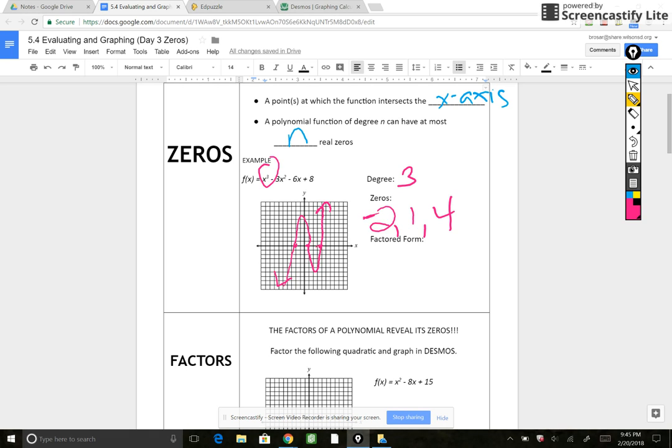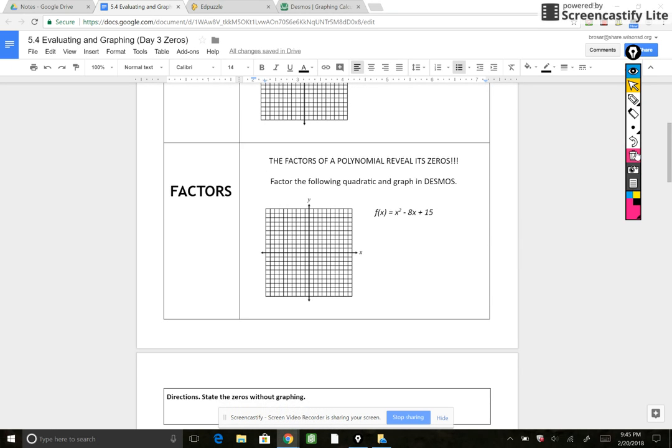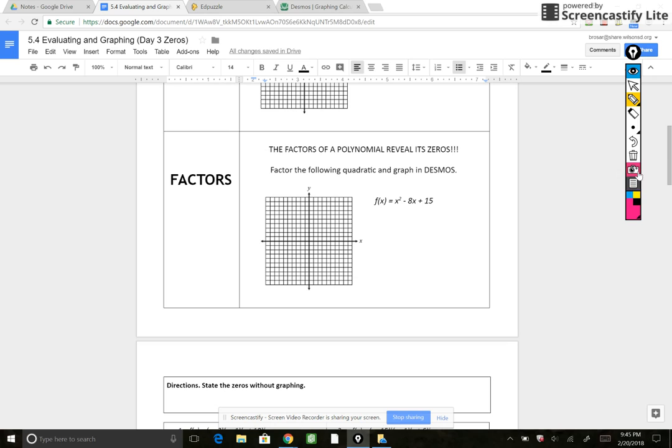And then factored form is always x minus your factor. So x minus -2, which is positive, x minus 1, x minus 4. So for the next one, it crossed at 3.